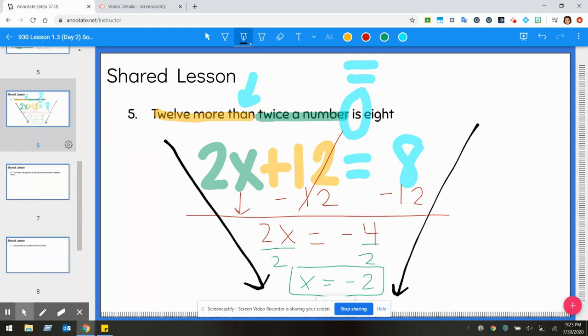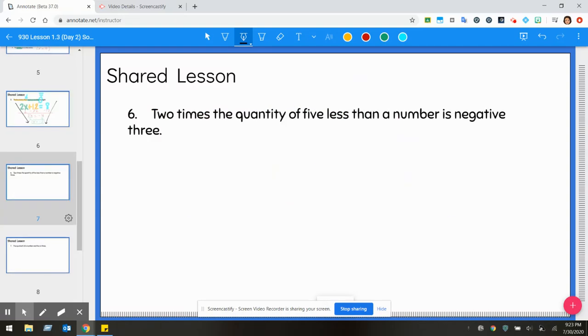Because we are simplifying this until we have that variable isolated and we're done solving. Okay, so our work's almost going to look like a funnel. All right, moving on to number 6. Just a reminder, stop this at any point and try these on your own, and then push play and check your answers with my work.